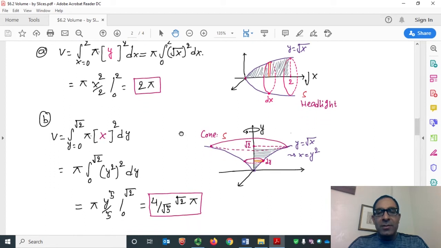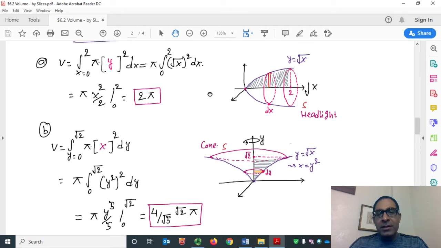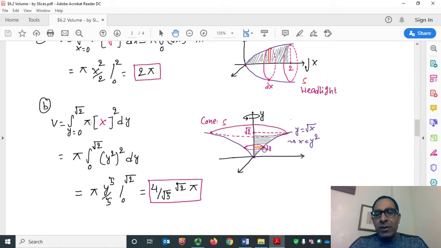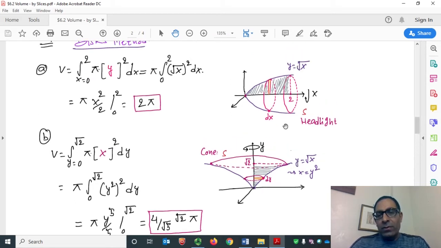This time we are taking this stripe, because this is the region here. The region about the y-axis means this is y equals radical x, between x equals 0 and 2. Now I need to find the corresponding points for y. When x is 0, y is 0. When x is 2, y is radical 2.